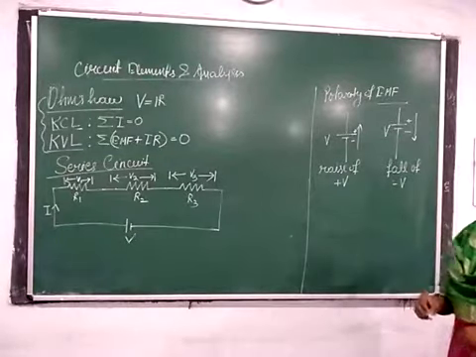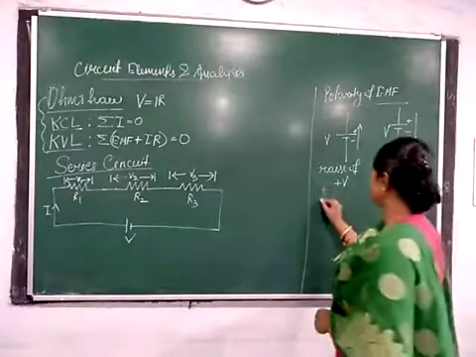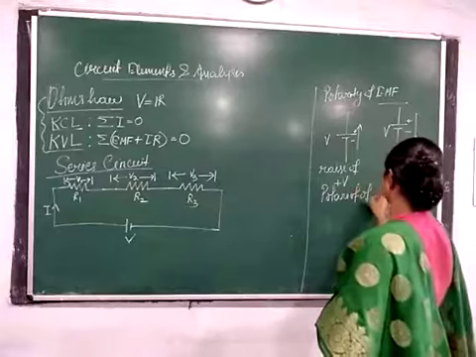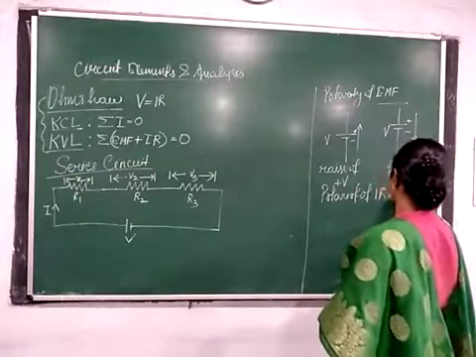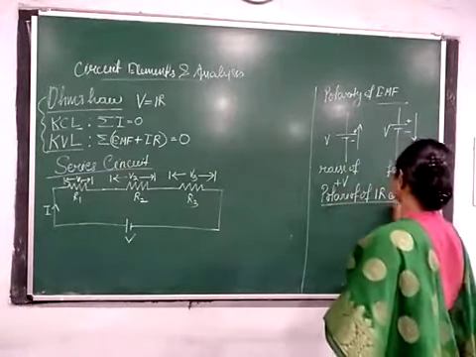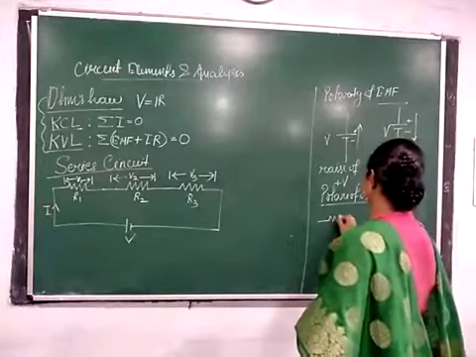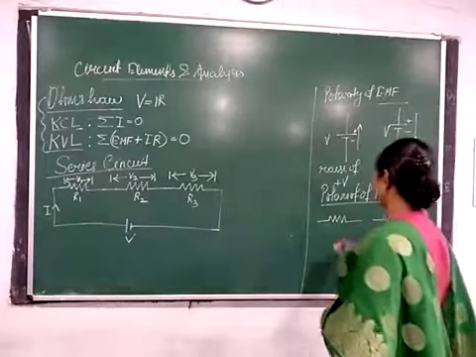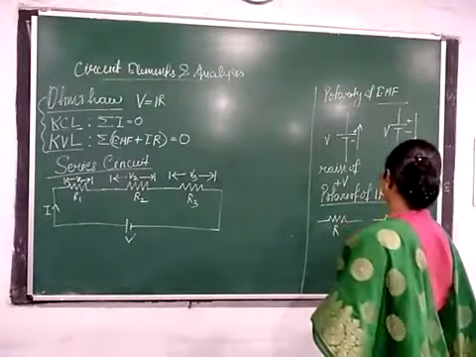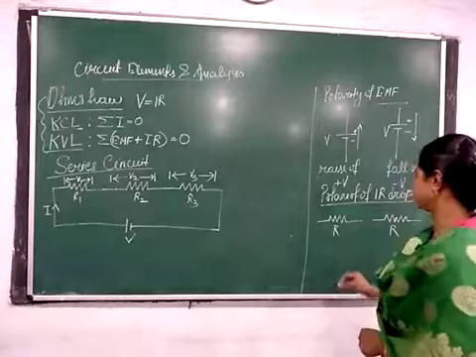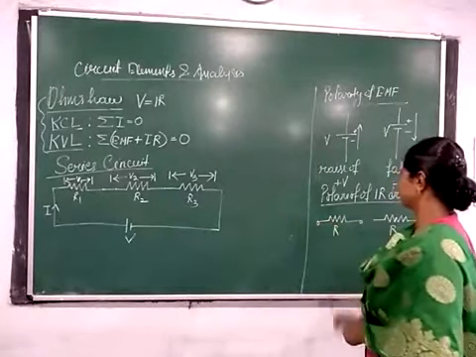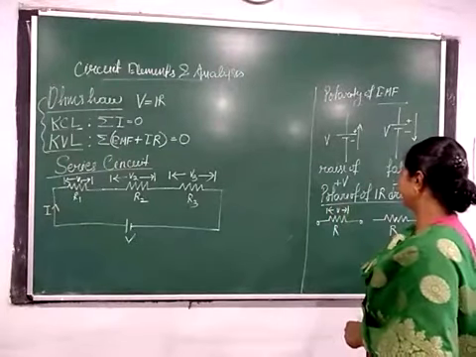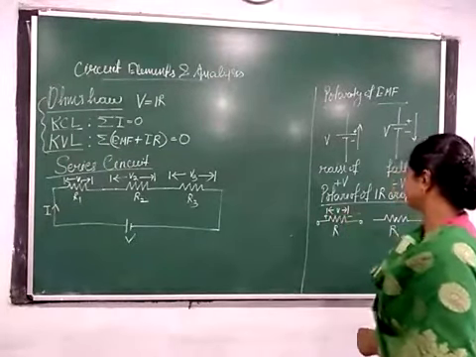Then come to the polarity of voltage drop, that is the IR drop. Here I take the same resistor, with resistance R. Here the voltage drop is V. This is positive, this is negative.